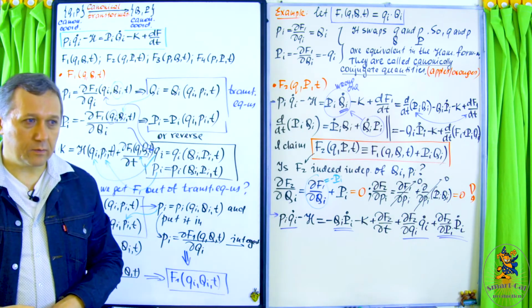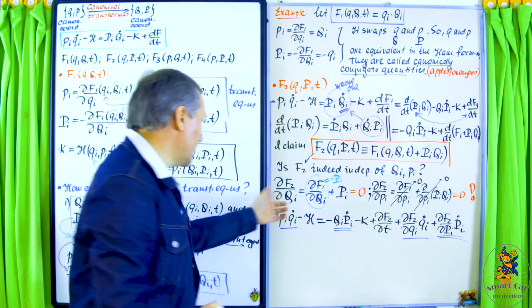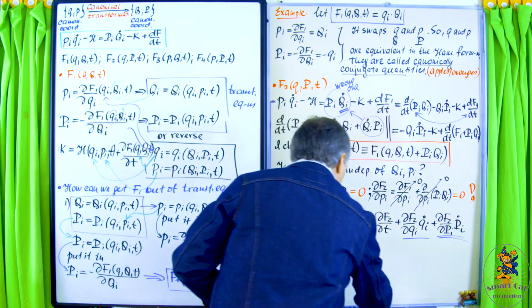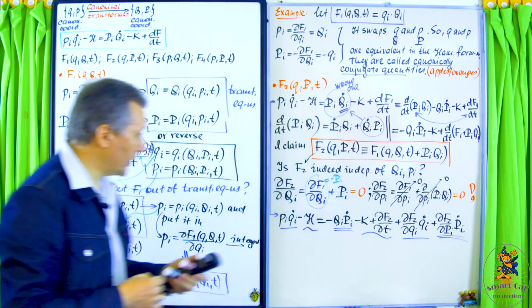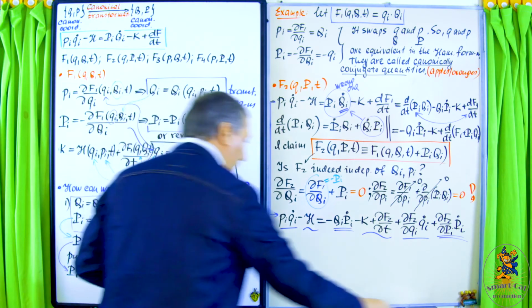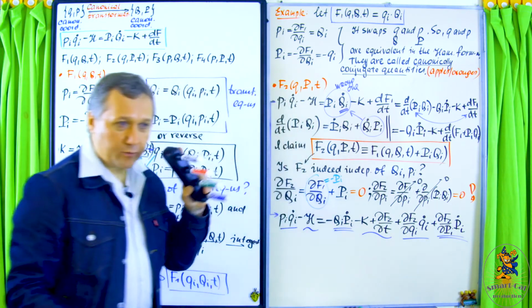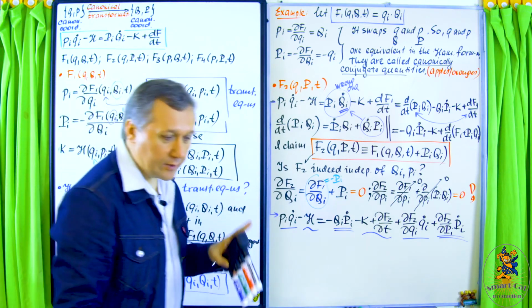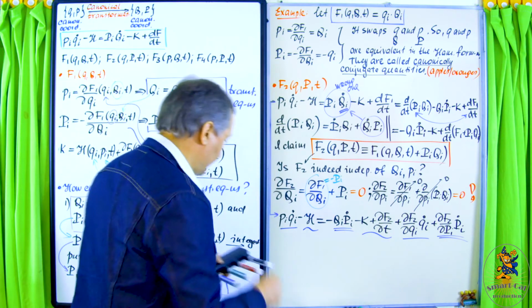They must all cancel each other, and then the rest. Right. So we're getting the equations which we need in order to get transformation equations out of generating function F2.